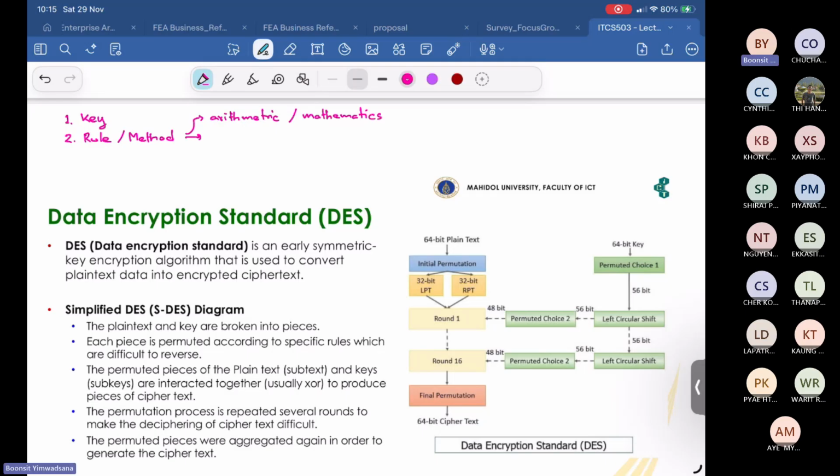The second method is to use multiple keys, like the Vigenere cipher that we talked about. So keys in this case, we say keys.